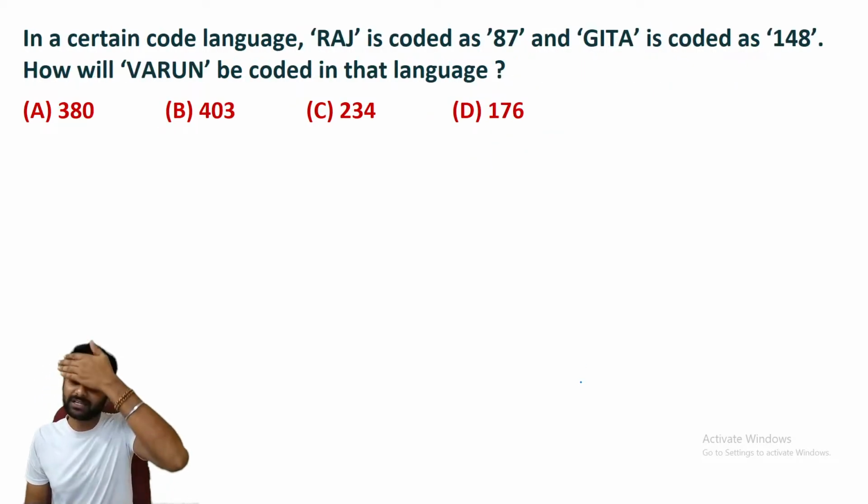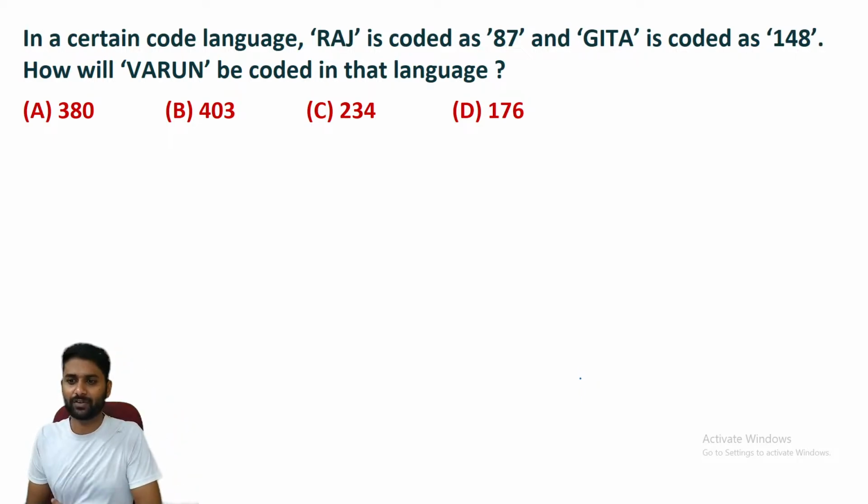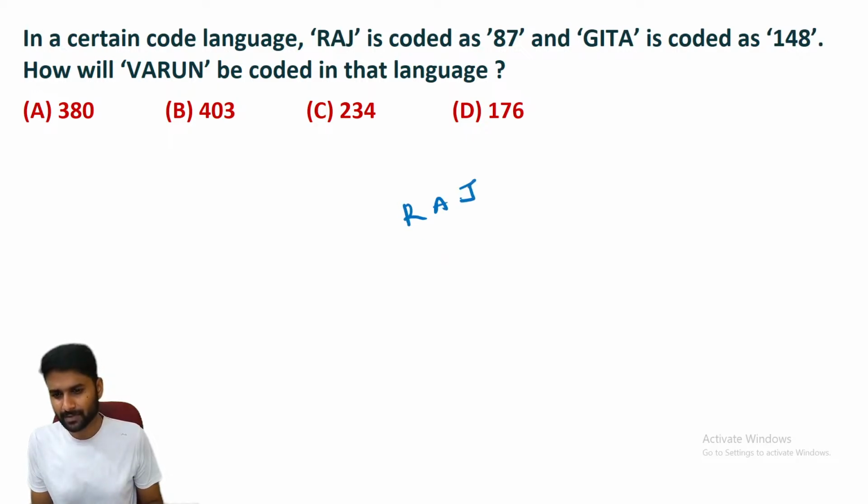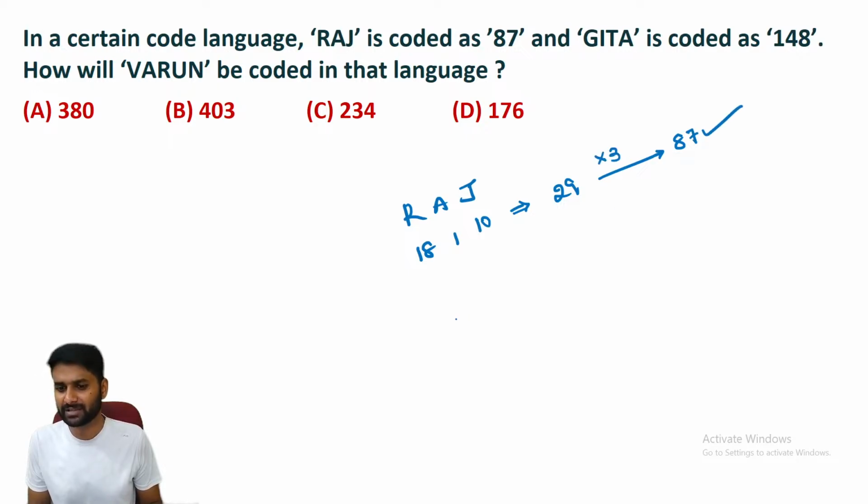The last question. In a certain code language, Raj is 87, Gita is 148. How is Varun coded? See, let's check with Raj. R is the 18th letter, A is the first letter, J is the 10th letter. Go through the sum, you will get 29. But here it is given as 87. 29 multiplied by 3 becomes 87.